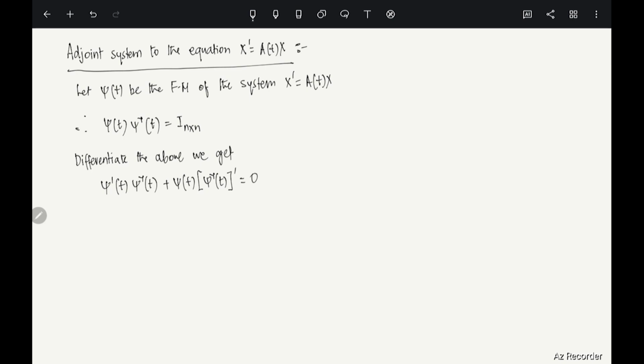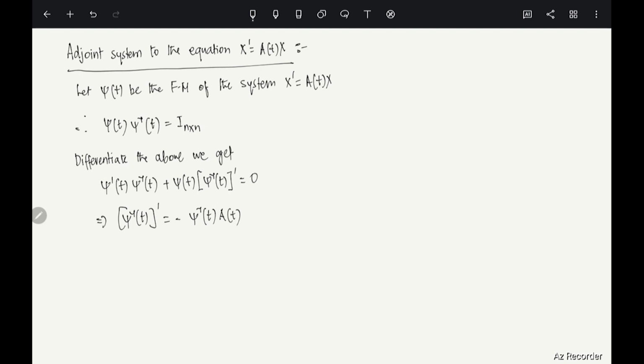Therefore the derivative of phi inverse of t is nothing but minus phi inverse of t times A of t. I hope this is clear.